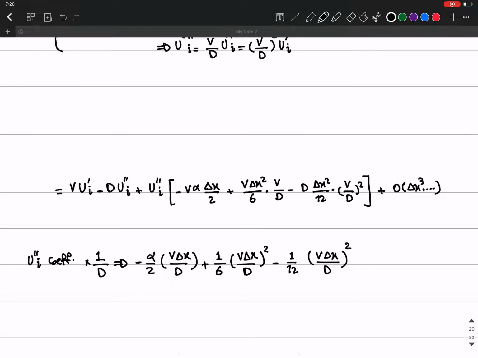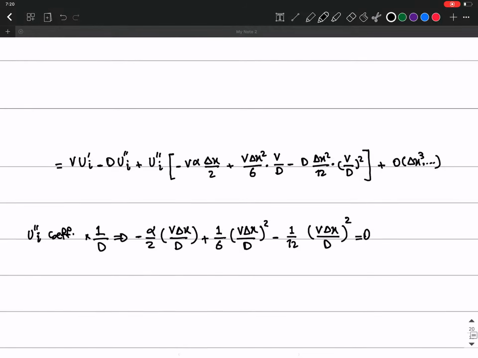I want to set this to 0, so then I can get rid of delta x and delta x squared terms. Let's see what value of alpha we will have if this situation is satisfied.